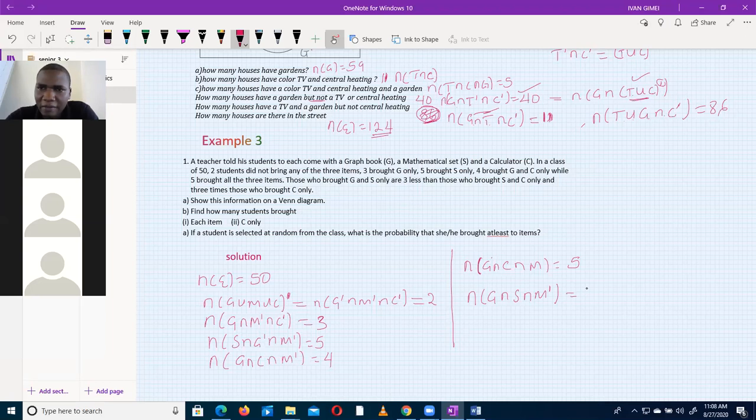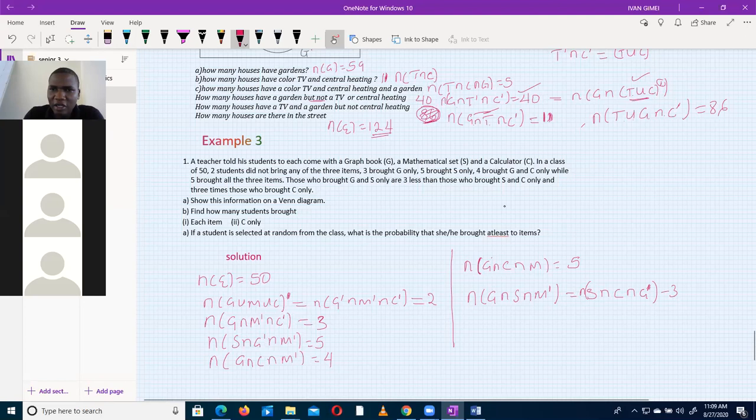S intersection C intersection G complement, in brackets, minus 3. Yes, they are 3 less than the other one. So that means that if I add 3 to this, or if I subtract 3 from the other one, that's when they'll be equal. I don't know that you get that. If you have some issue with that, then you ask and I try to explain it further.